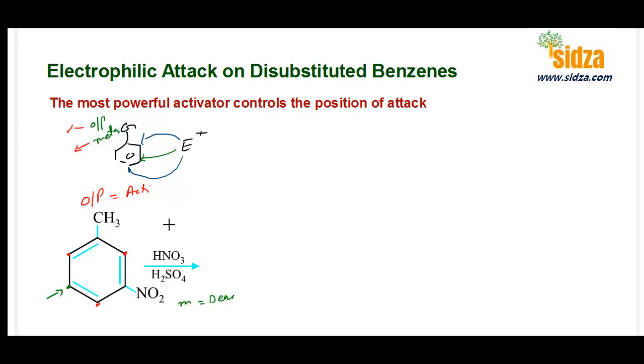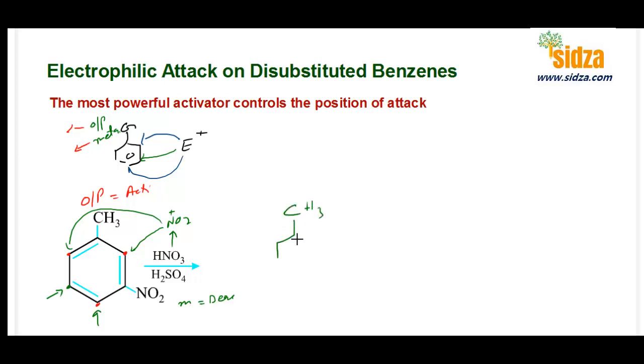That means the electrophile generated from nitric acid, NO2 positive, which is electron deficient, will attack the positions determined by the methyl group. It's going to attack on this position, this position, and also this position. So you will get three different types of products here, right?